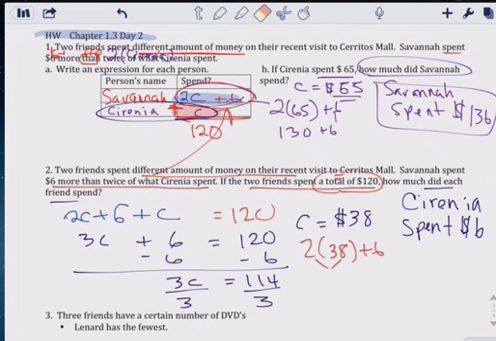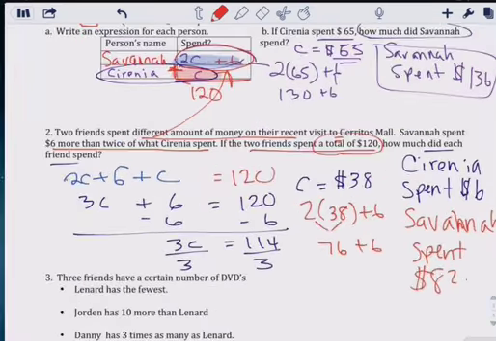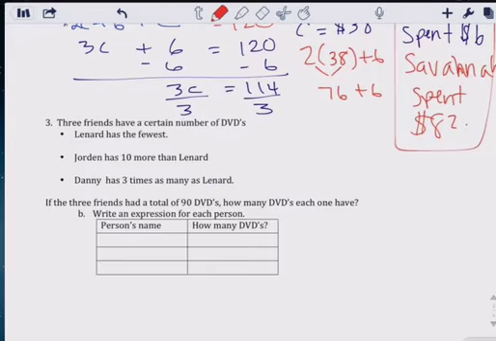You see where I'm getting it from, right? That's 76 plus 6, so Savannah spent $82. That's how we come up with that one.